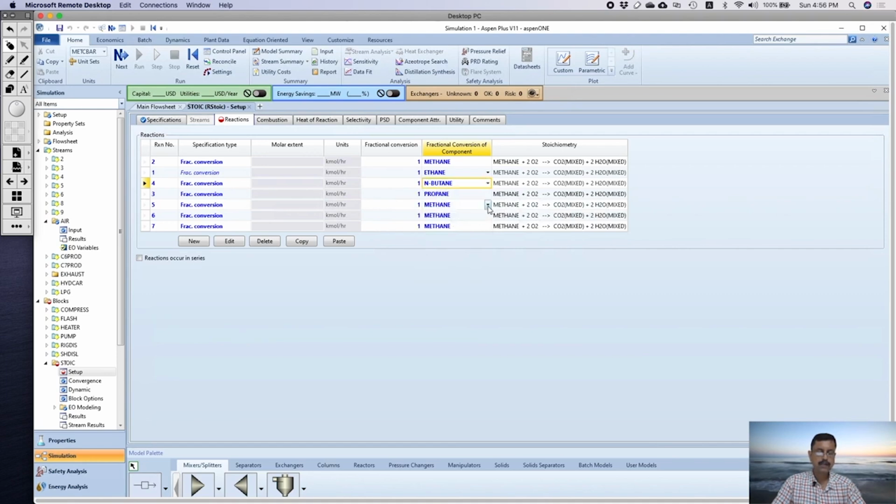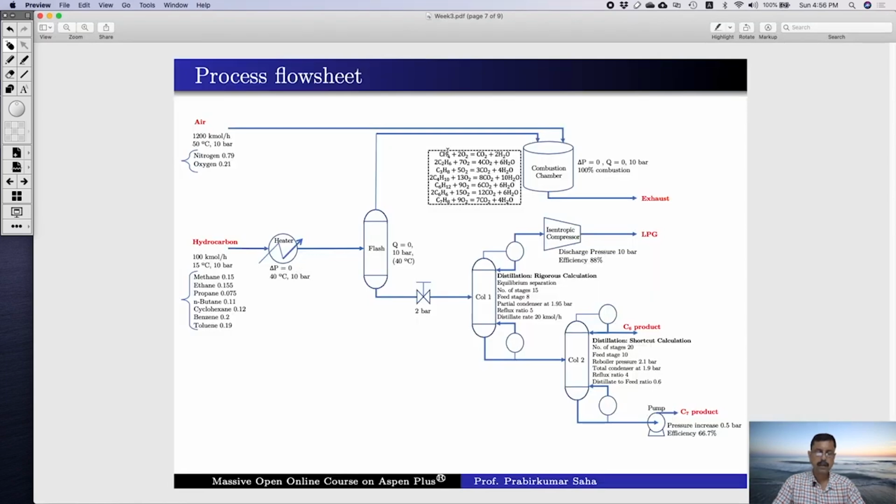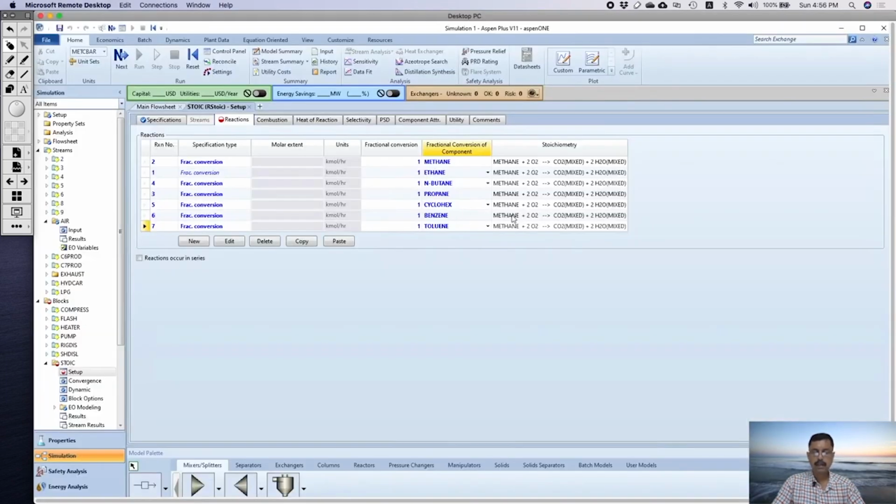Reaction 5 will be cyclohexane. Reaction 6, benzene. And reaction 7, toluene. So all of them we have given over here. So each and every one of them we have to edit individually.